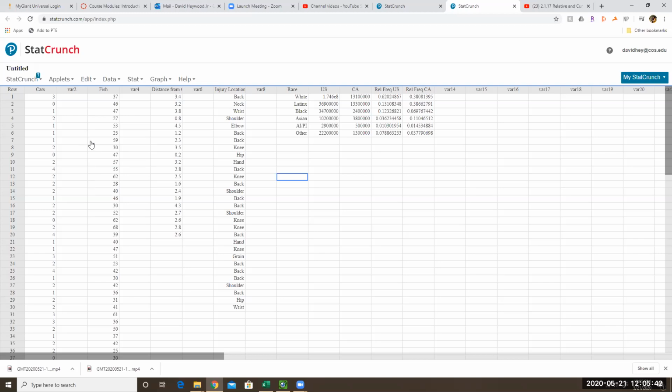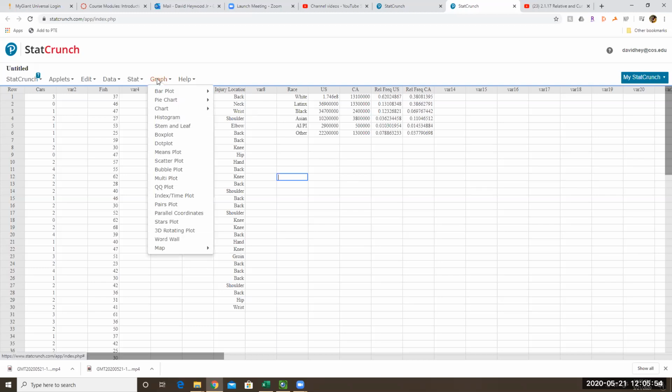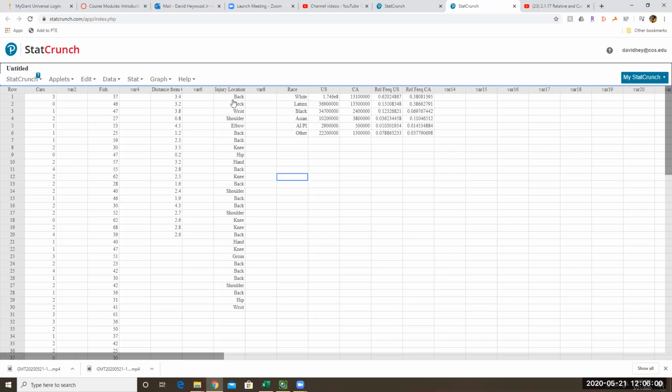Anyway, we can do a whole bunch of stuff, right? Like, let's say that we wanted to make a bar graph out of the location of the injury. To make a bar graph, you go to Graph and then Bar Plot, and then either With Data or With Summary. In this case, this is the raw data.